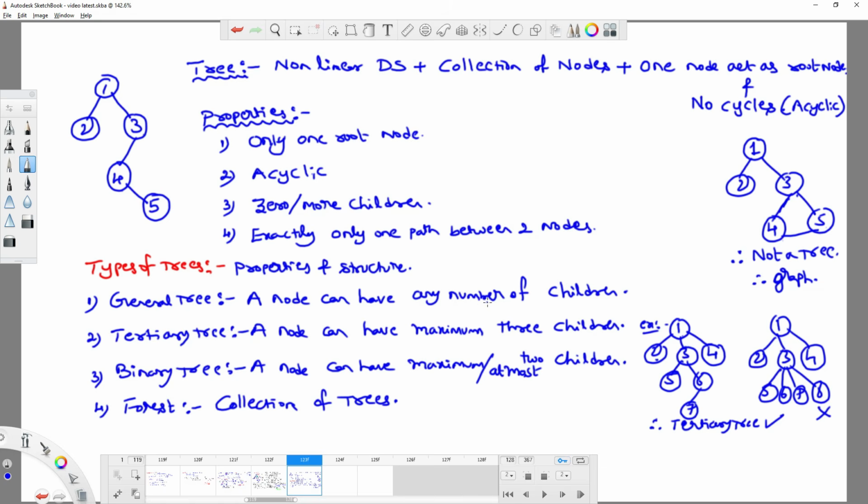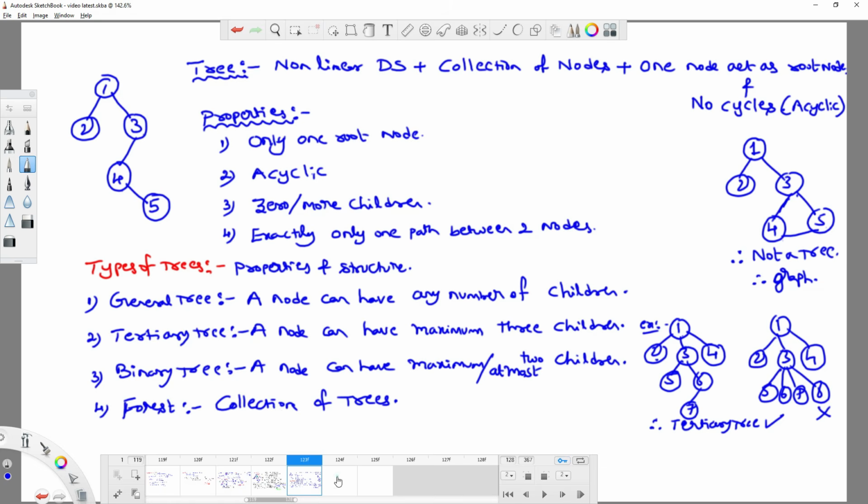Collection of trees, can we call it a tree again? No. If you make a collection of trees, for all these trees, there should be some root node. Then only we call it a tree, right? In general, for a forest, there will not be any root node. It's a collection of trees, that's it. So we call it a forest, but not a tree. Okay. Fine. I hope it is clear for everyone, right?